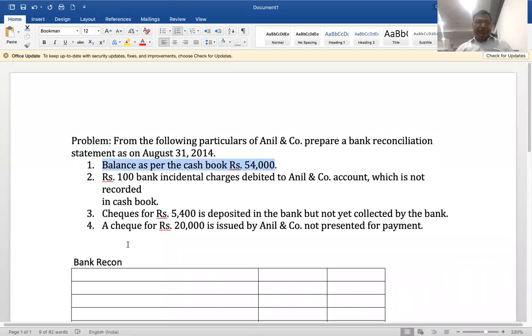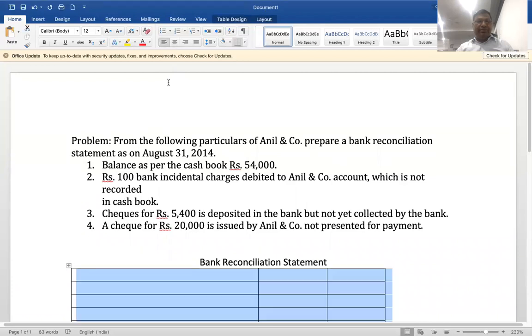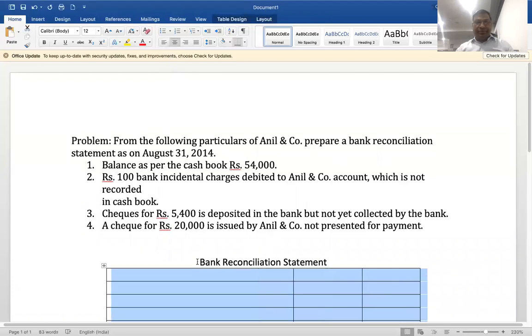Now, based on this question, let us first prepare the bank reconciliation statement. This is how the solution should start.